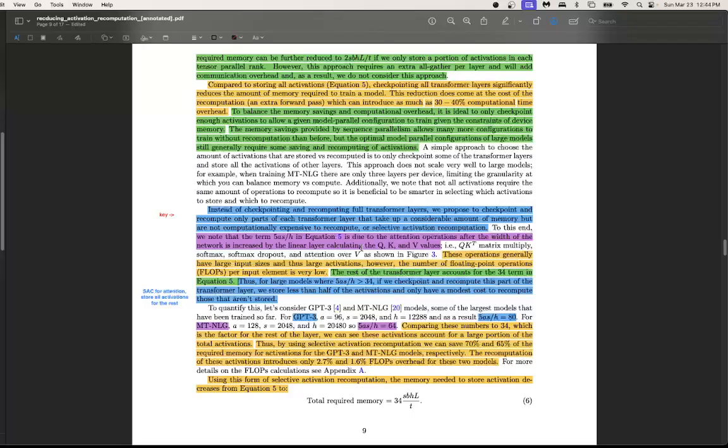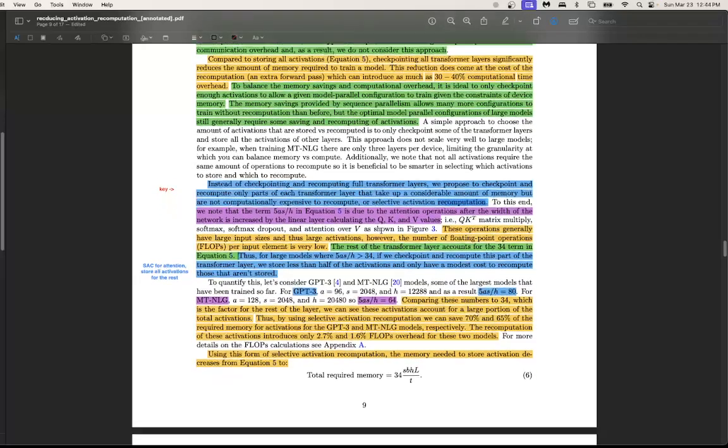It's not a very compute-heavy operation. Here, if we just read what it says: instead of checkpointing and recomputing full transformer layers, we propose to checkpoint and recompute only parts of each transformer layer that take up a considerable amount of memory but are not computationally expensive to recompute, aka selective activation recomputation, which is what I was just explaining.